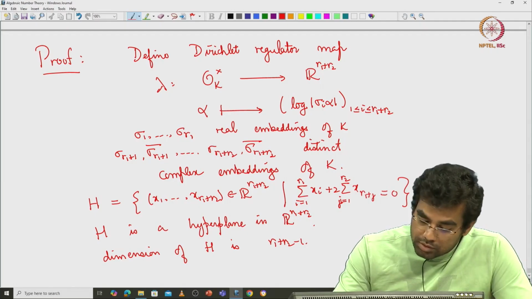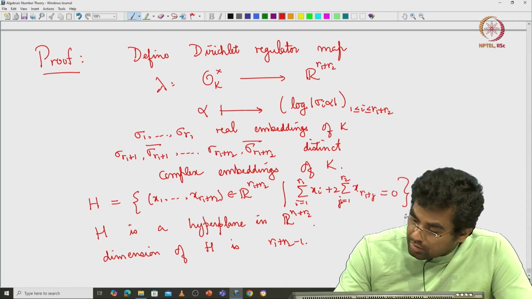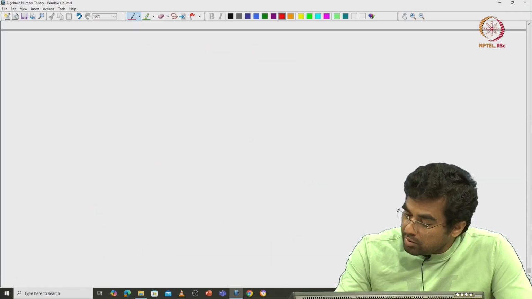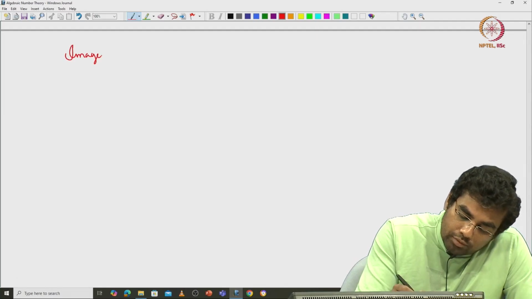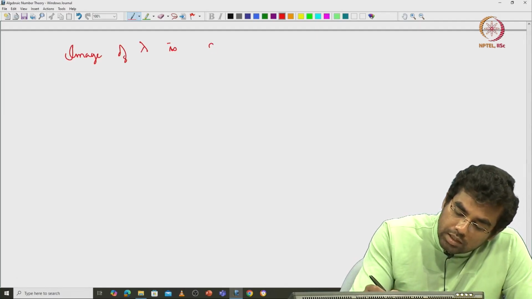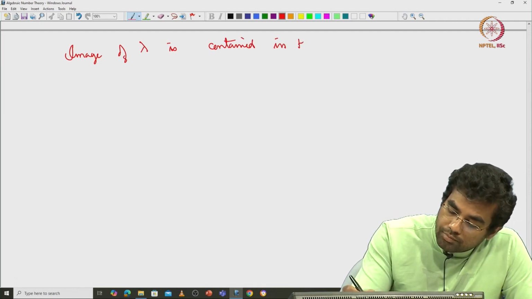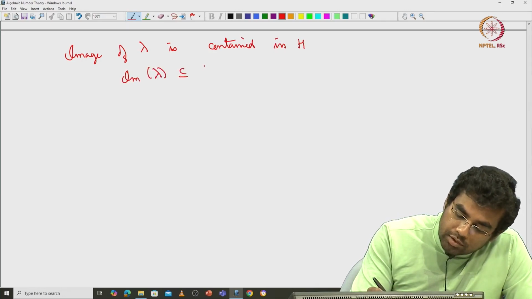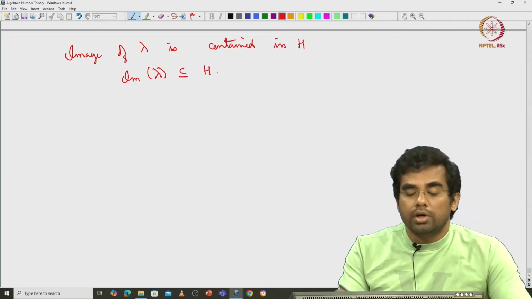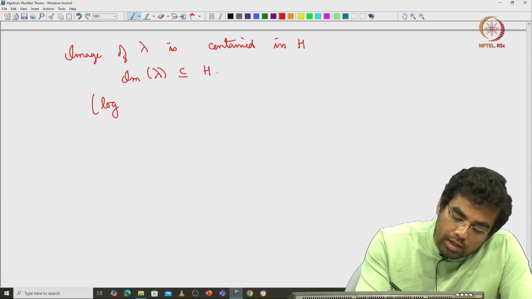So, the first claim that we are going to make is the image of lambda is contained in H. So, the image of lambda is a subset of H. Now, this is very easy to verify. How do you do that? Well, you take something in the image of lambda. What does that look like?